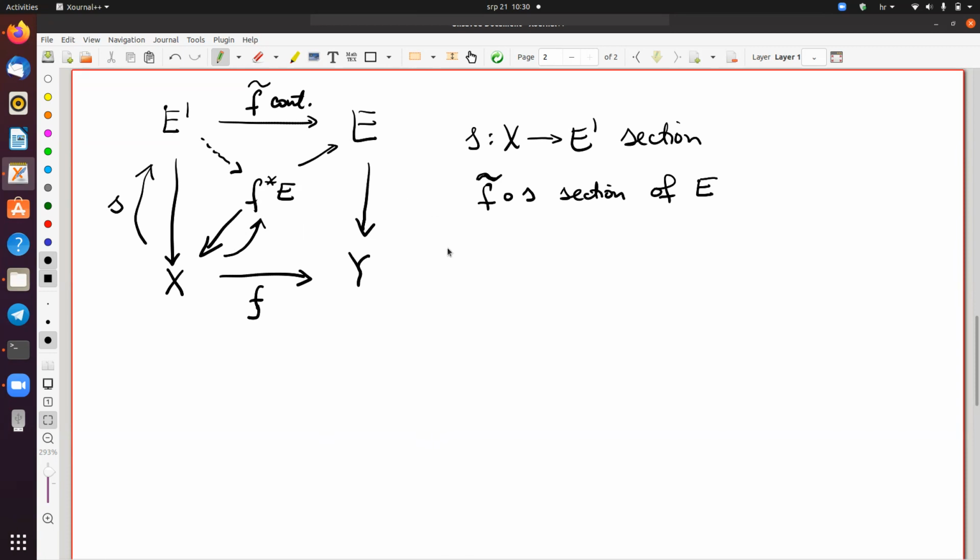But I'm claiming that F tilde is continuous if for every section S from X to E prime, F tilde composed with S is continuous.